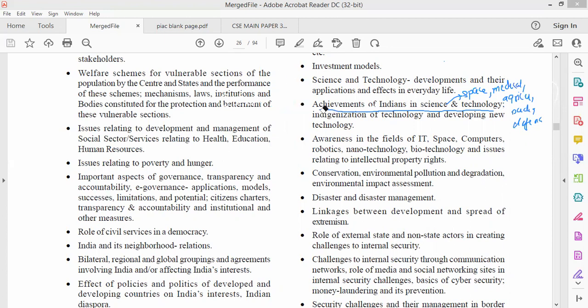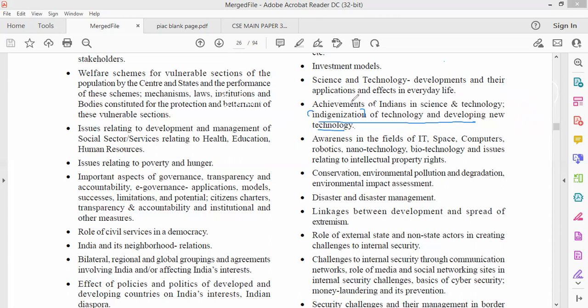The topic then comes to Indianization of technology and developing new technology. Indianization means indigenous technology development by India. I will give an example.